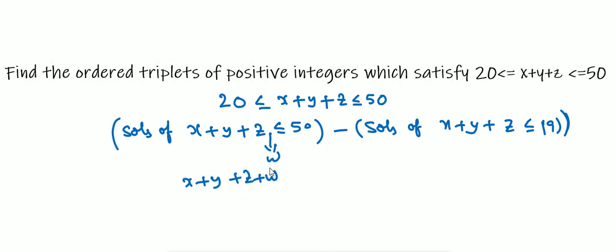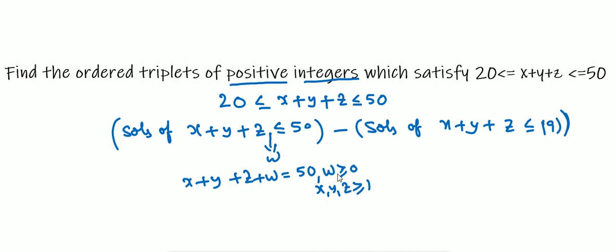Yet the problem asks for positive integral solutions, not non-negative integral solutions. Here w is greater than or equal to 0, whereas x, y, z are greater than or equal to 1. So let us make w greater than or equal to 1 with the new parameter and apply positive integral solutions.